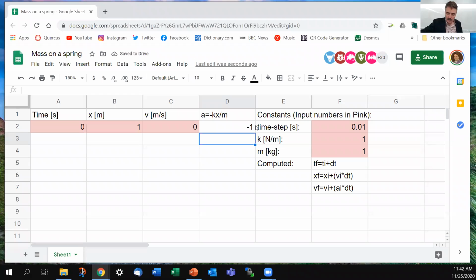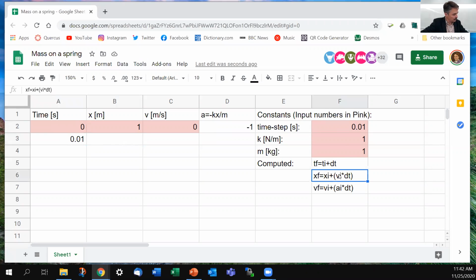Okay. So then time, I'm going to say time is equal to whatever the time was plus my time step. And don't forget to put the $ signs around the F's so that they don't update when I'm doing my Control C, Control V. We're following here? And then x, so I'm going to use this equation over here.